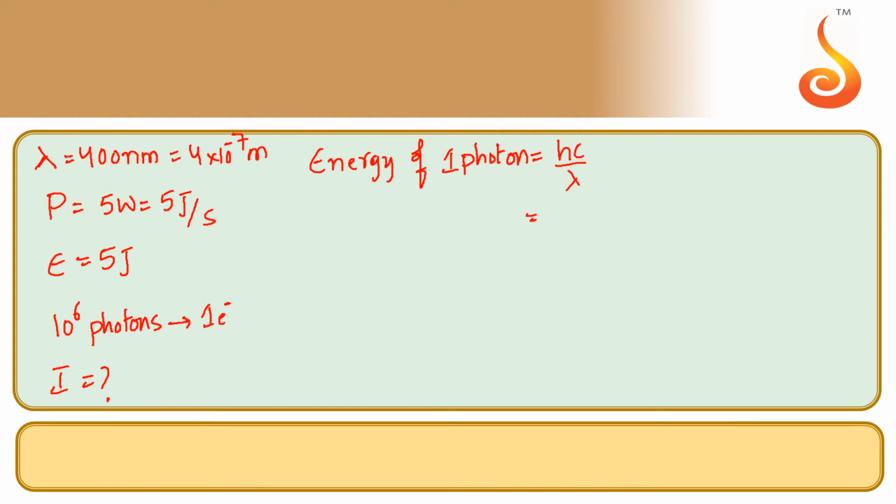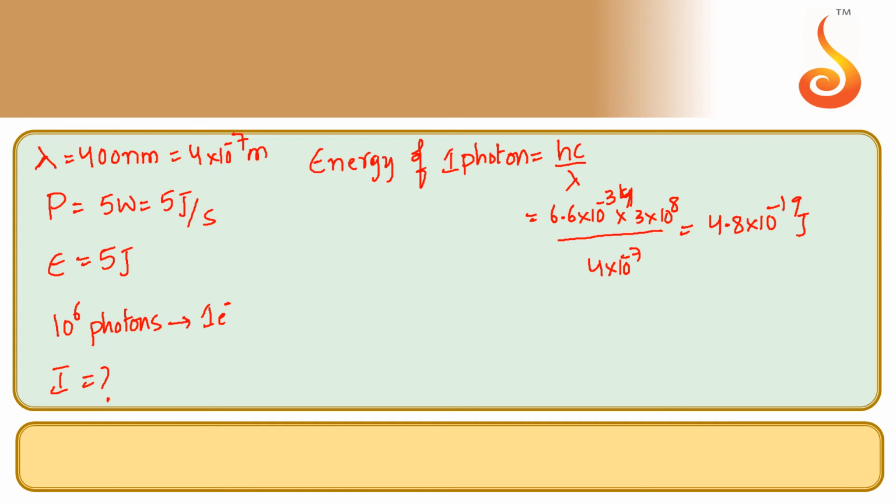So h is 6.6 into 10 power minus 34, c is 3 into 10 power 8, while lambda is 4 into 10 power minus 7. So by simplifying it, we'll get 4.8 into 10 power minus 19 joules. So the energy of one photon is 4.8 into 10 power minus 19 joules.